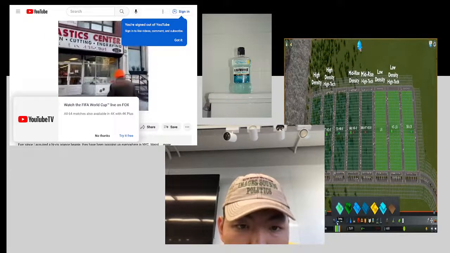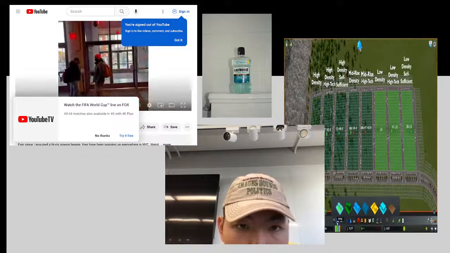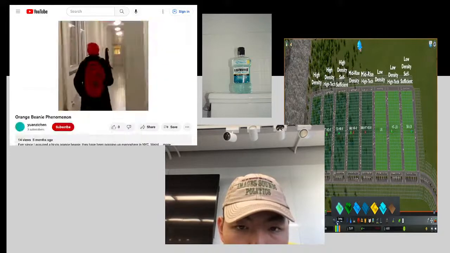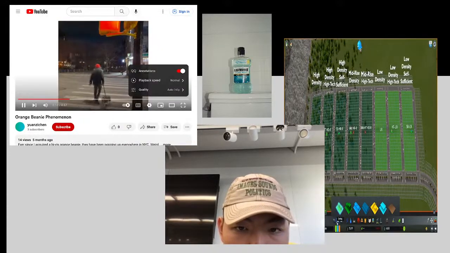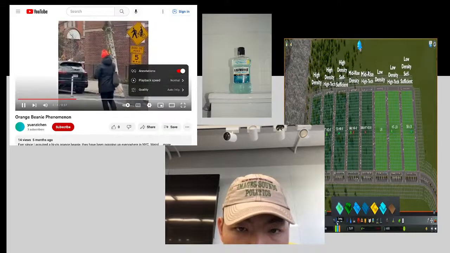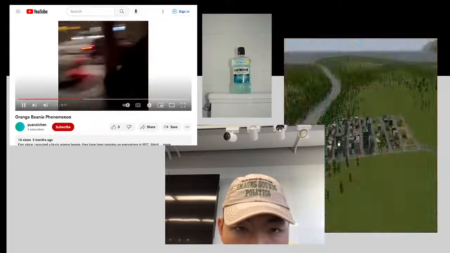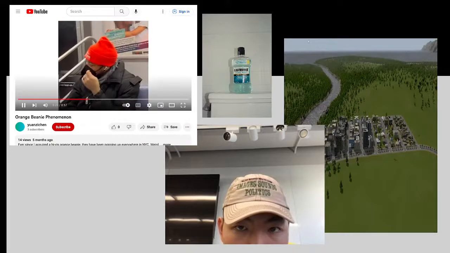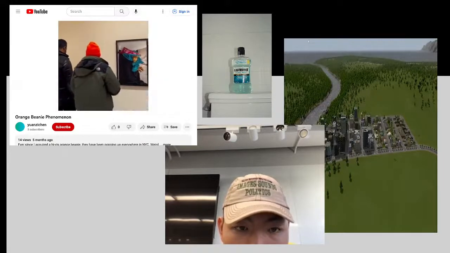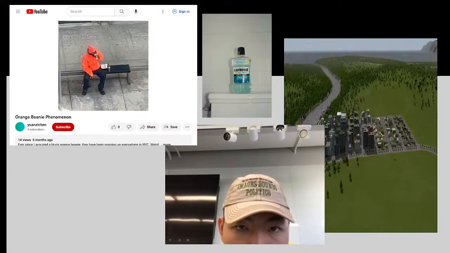And lastly, a high or a low density self-sufficient housing zoning district by adding the self-sufficient building specialization to a district, which is available if you have the Green Cities DLC. Mixing these policies and district specializations leaves you with 8 possible housing districts of varying intensities.